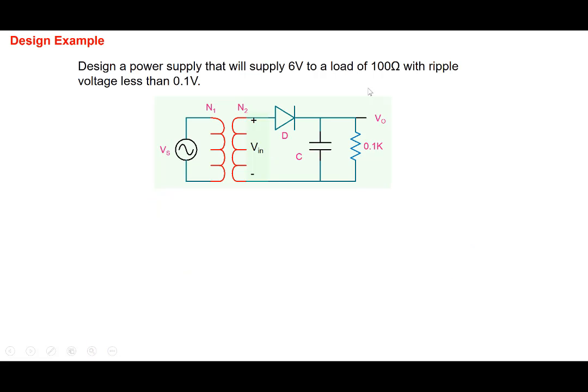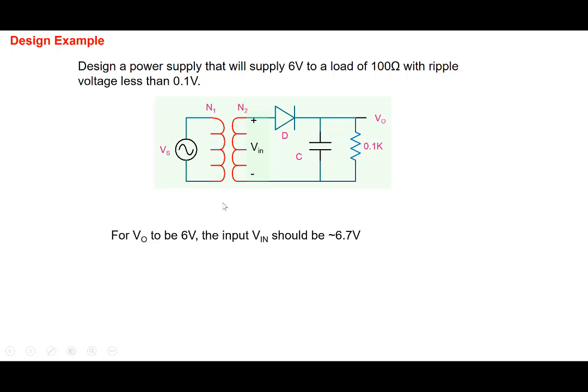All right, so let's look at a very quick example. Suppose somebody asks us to design a power supply that will supply 6 volt output to a load of 100 ohms, 0.1K, with a ripple voltage less than 0.1 volt. Designing the power supply basically means that we'll have to figure out what kind of transformer we should use, what kind of diode, and what kind of capacitor.